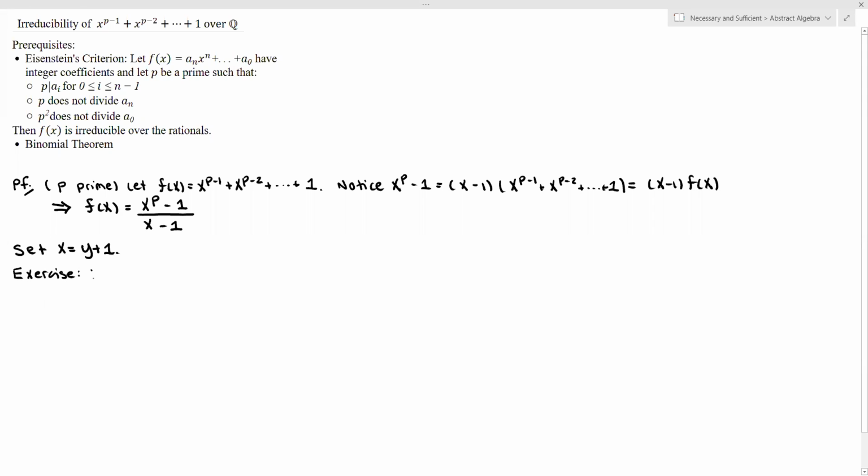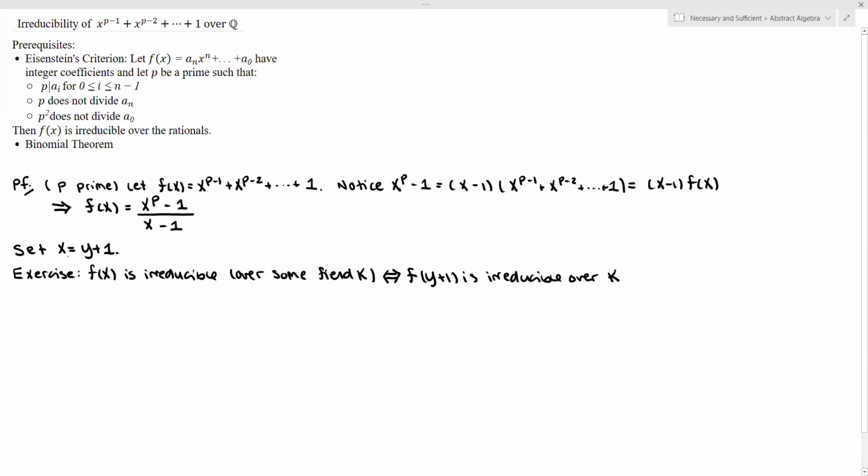Let's say f of x is irreducible over some field k if and only if f of y plus 1, or we could call it x plus 1, is irreducible over the same field k. Proof is not difficult. You just start in each direction and use contradiction.